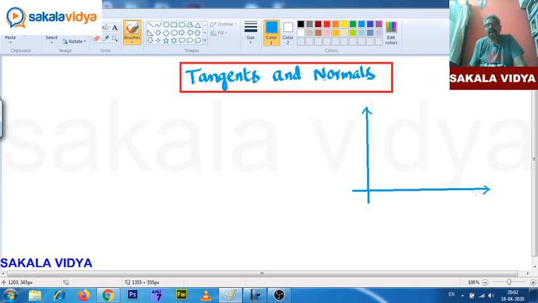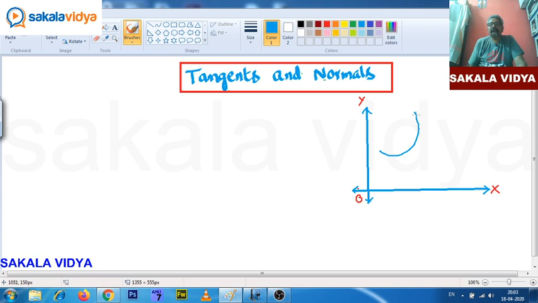This is the x axis, this is the y axis. For example, this is the origin. Let us consider like this. Okay. So, for example, this is a curve.